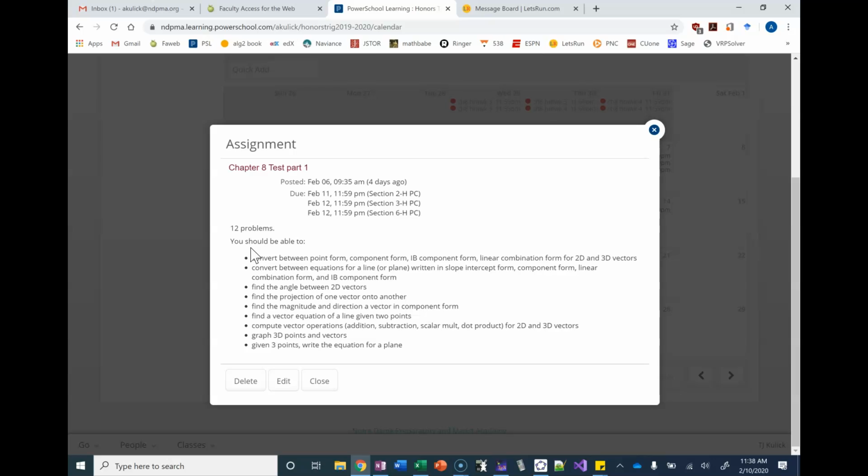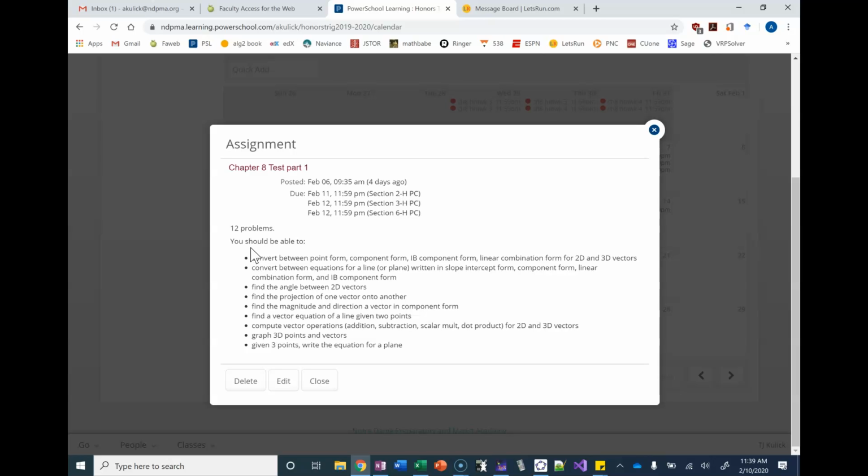So I might ask you, here's vector u, here's vector v, do 3u plus 7v and write your answer in linear combination form. So you have to be able to do the vector addition, and then you have to be able to format your answer as a linear combination, which is probably not how you would do the vector addition, right? You'd probably use component form to do that. Yeah. So that's kind of what I mean in these, for bullet points 1 and 2.